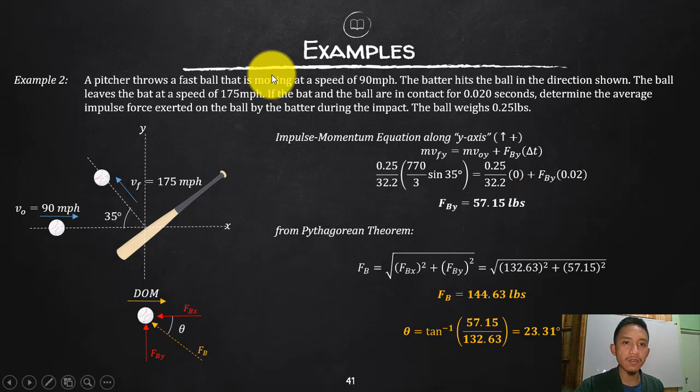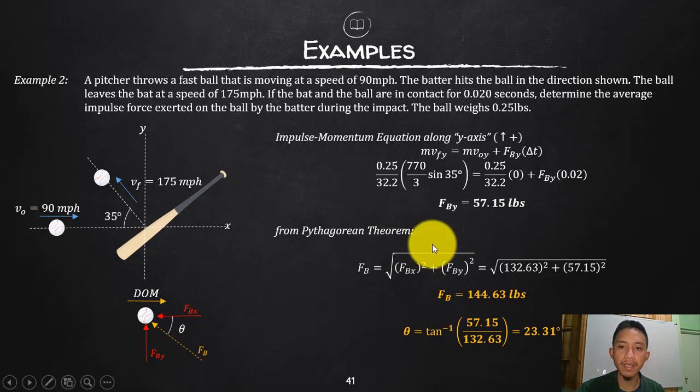Then what we need is, of course, the impulse force, or the force that is coming from the butt and applied to the ball. So that is your f sub b. We do not actually need that f sub bx and f sub by, we only need those to get your f sub b, since that is the unknown in the problem.